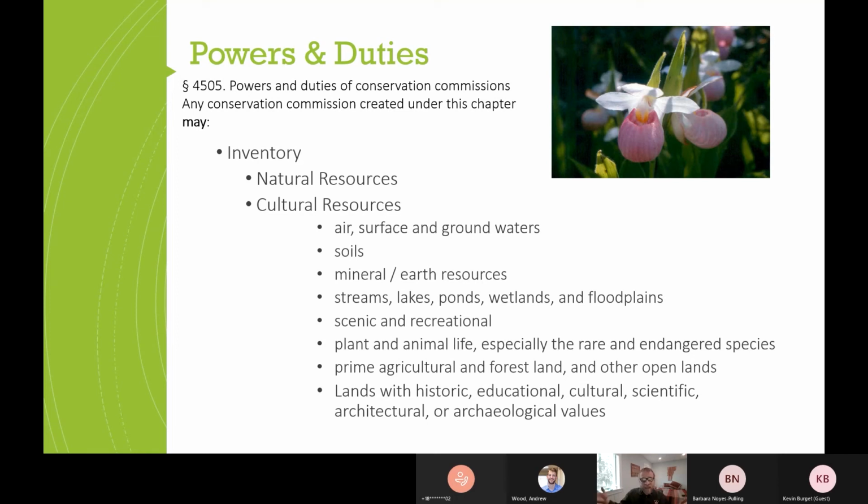So there's a whole range of natural and cultural resources that we can inventory. And that inventory work is never actually going to be done. We're always going to have more things to inventory or more that we want to learn about what it is that we have.